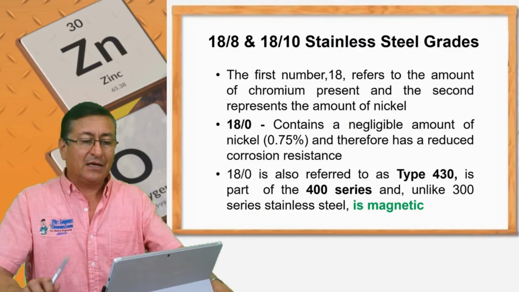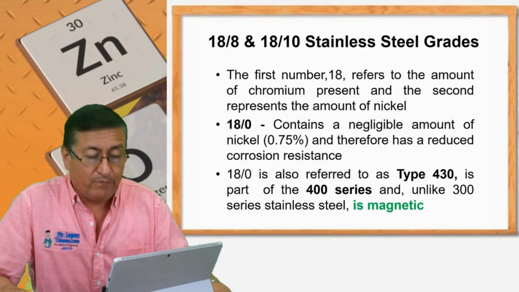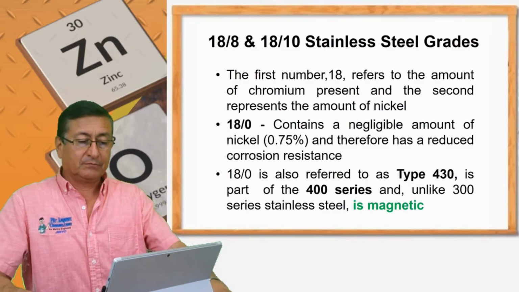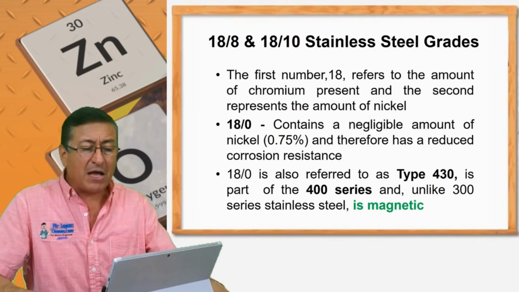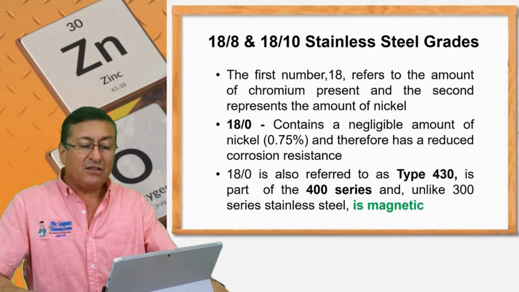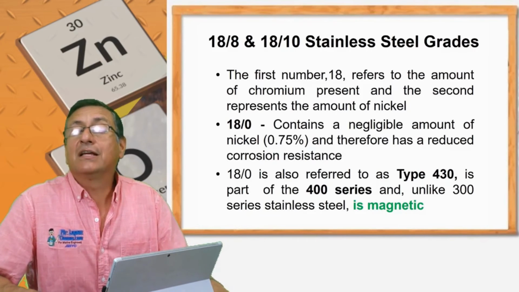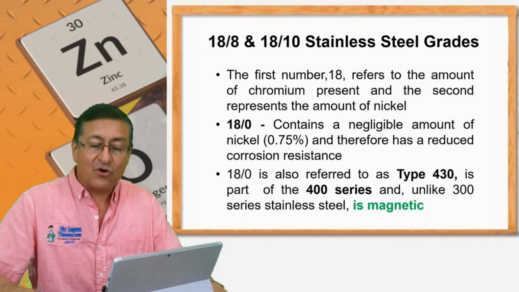The first number, 18, refers to the amount of chromium, and the second one, the amount of nickel. 18-0 has a little amount of nickel, 0.75%. 18-0 is also called 430. That's the stainless steel series 430.